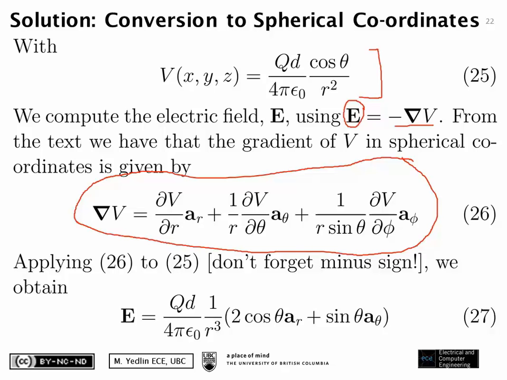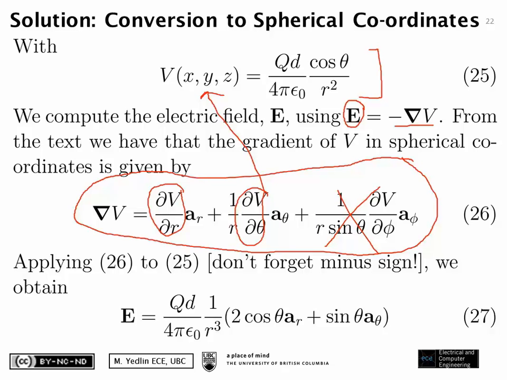Nice enough, due to symmetry, we don't have to worry about this term. There's no longitude dependence because the dipole looks the same regardless of the longitude angle, so this term goes out. It's 0. We don't have to worry about that. Therefore, we just have to do an r derivative here and a theta derivative here of V.